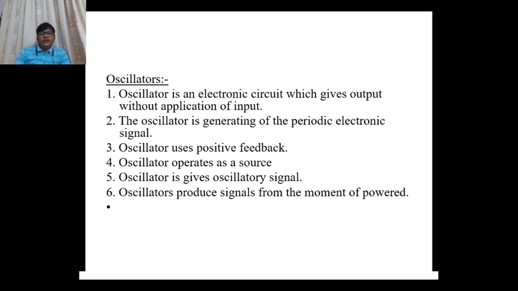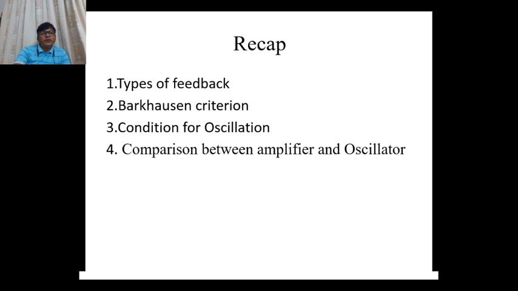In order for a circuit to become oscillatory, you have to use positive feedback. The oscillator operates as a source. It gives us the oscillator signal. So this is a comparison between the oscillators and the amplifiers.